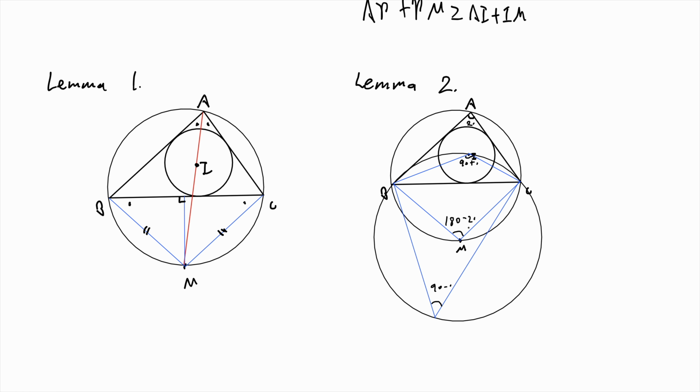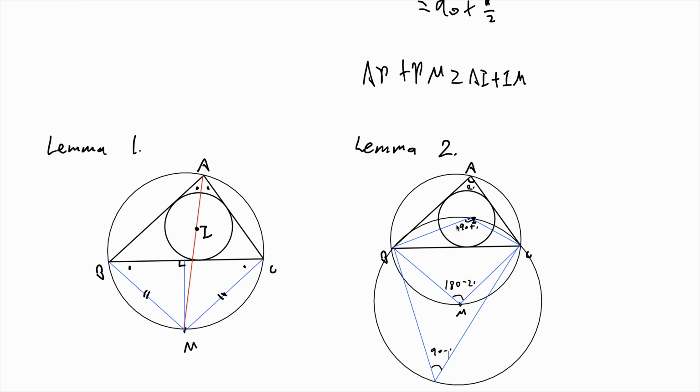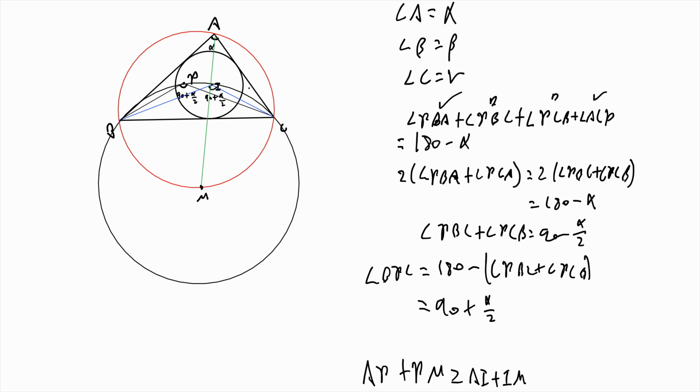This angle cannot be 180 minus 2 dot if this is not the midpoint, because it will always be greater or less than 2 times this. So this is the exact point where it satisfies. So that's our lemma that we are going to use. That's why M is the midpoint, the center of the circle.